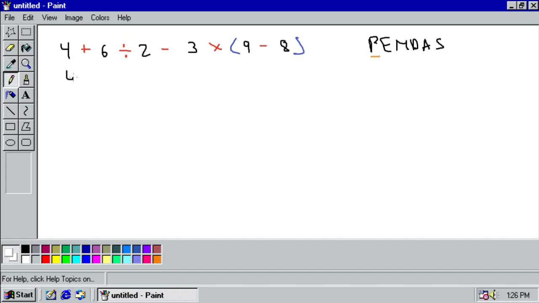So we're just simply gonna copy this since we have the parentheses here. Actually, let's have the parentheses first. 9 minus 8 is equal to 1. Then let's copy 6.